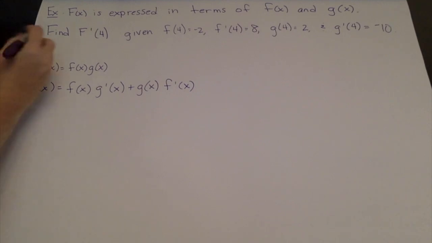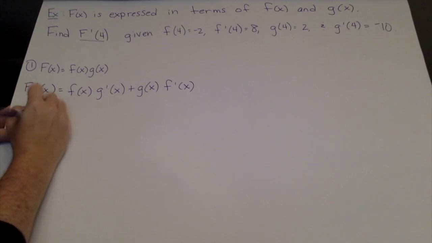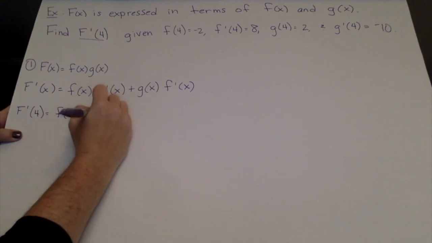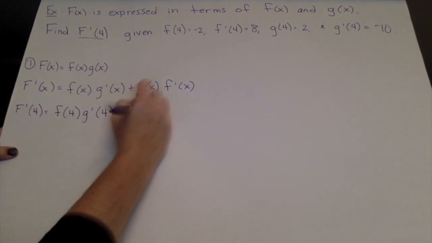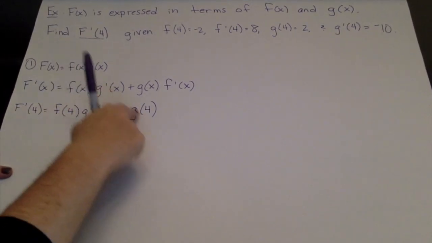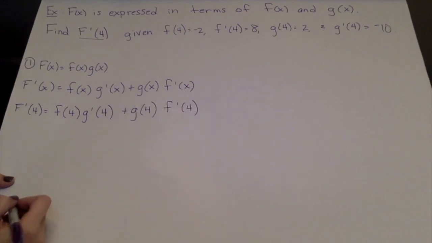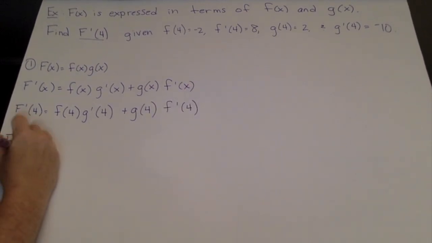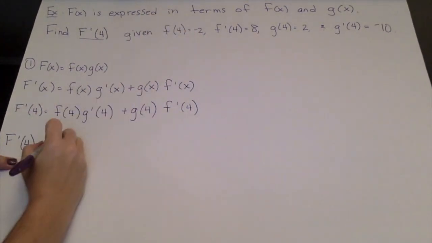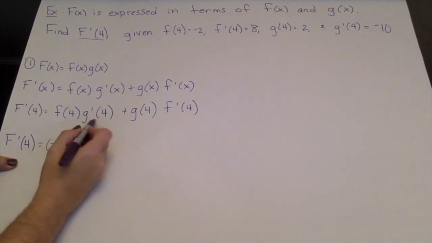Then if we want to find f prime of 4, we're going to put 4 in place of all of these x's. So now we really want f of 4 times g prime of 4 plus g of 4 times f prime of 4. Well, we know all of these values. F of 4 is negative 2, so this will be negative 2 times g prime of 4.